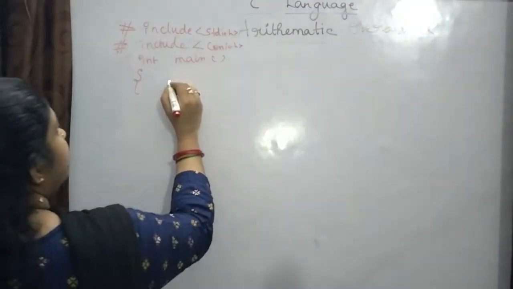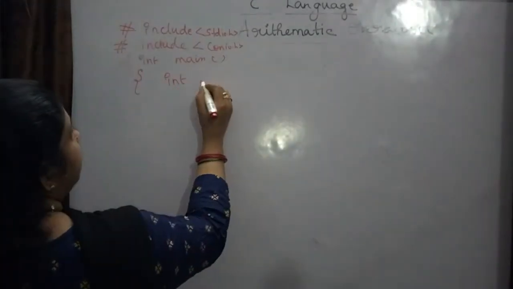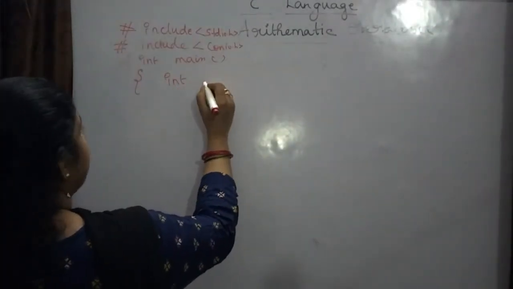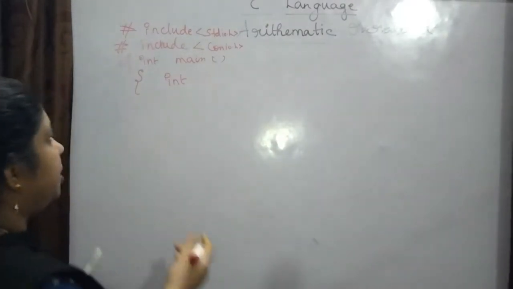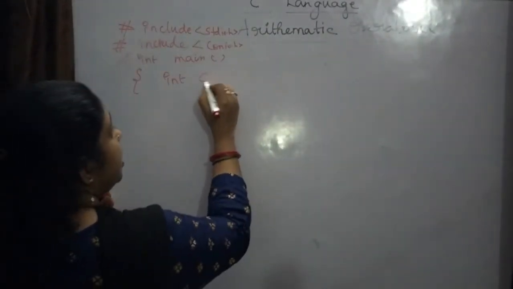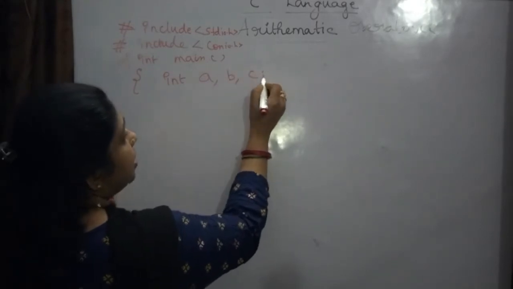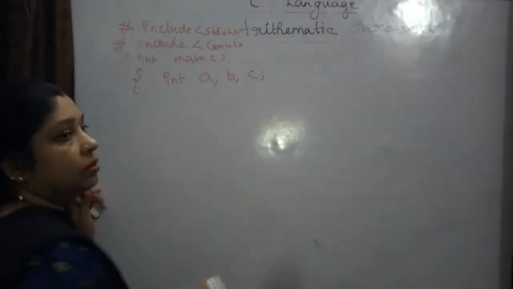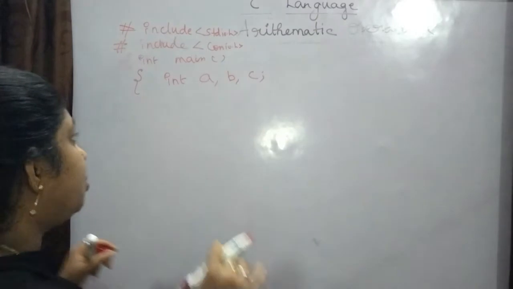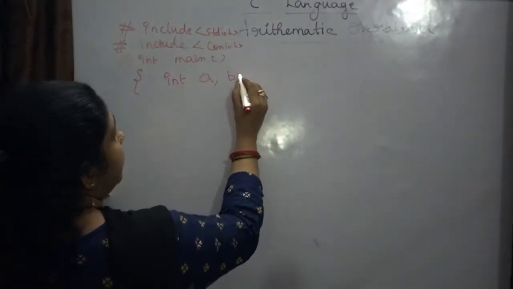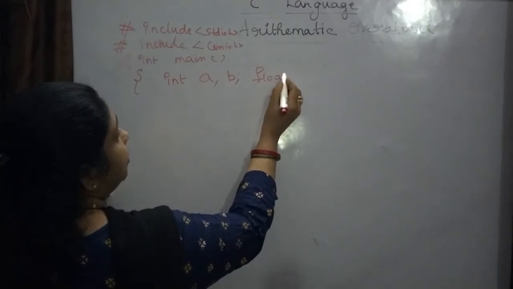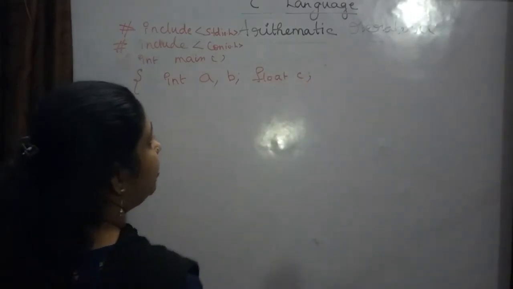For that I will be using int, I am using only integer. Even you can use integer or float, whichever data type you want, you can use for A, B, C. Or if you want float also you can use. I will take C as float.